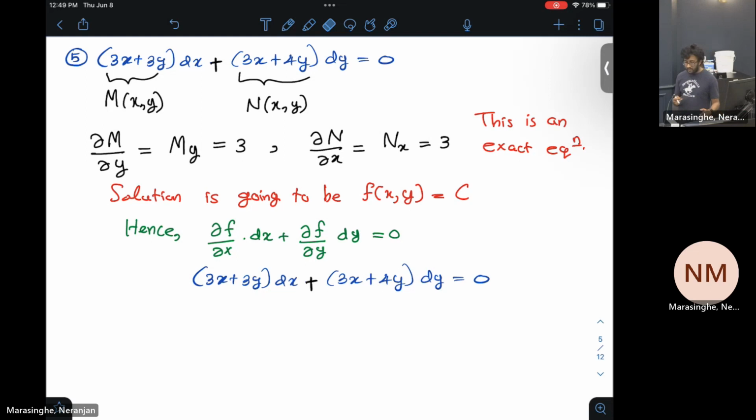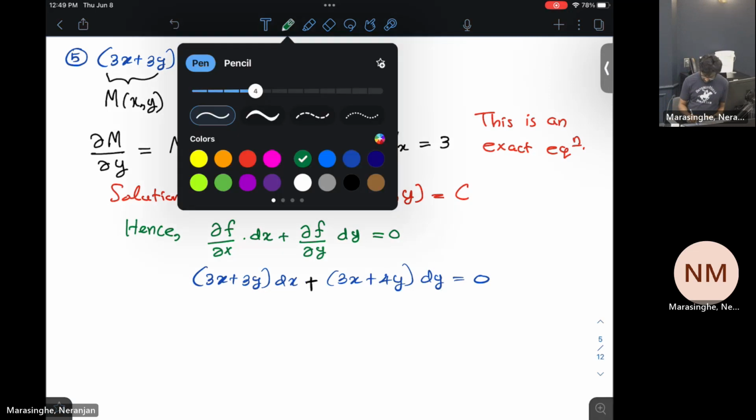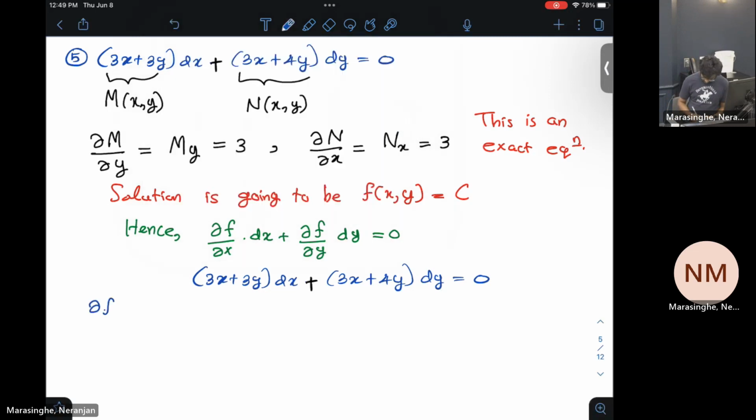Try to figure out what partial f over partial x and partial f over partial y are. Partial f over partial x is equal to 3x plus 3y, and partial f over partial y is equal to 3x plus 4y.